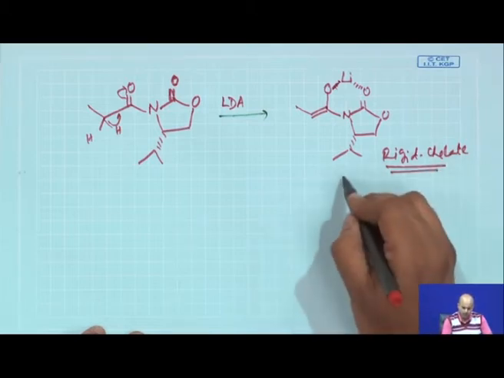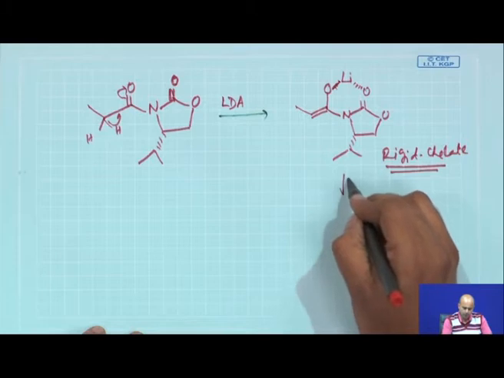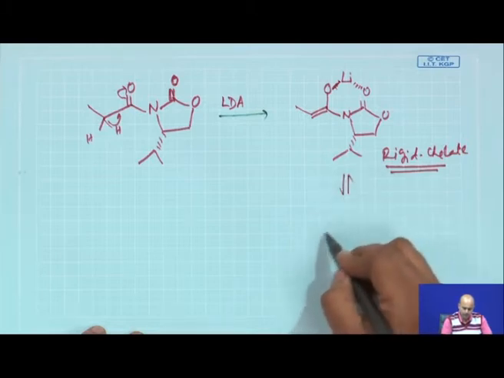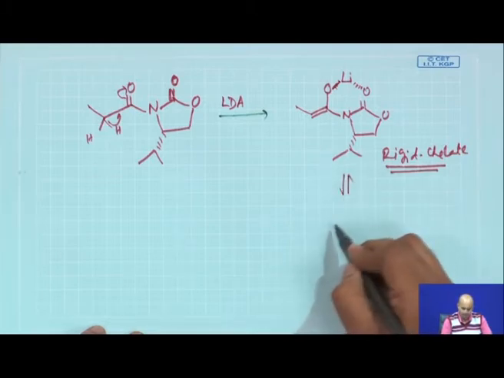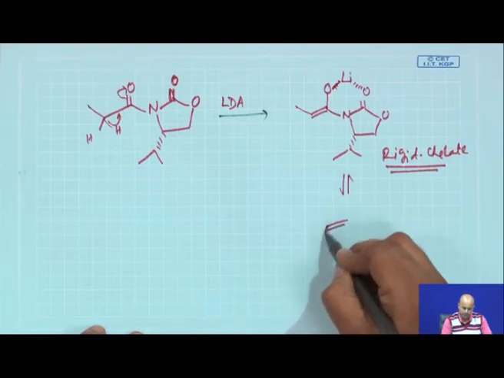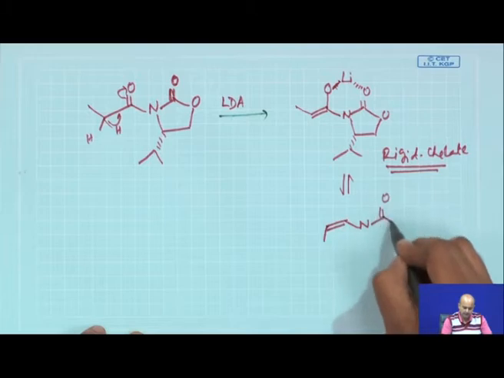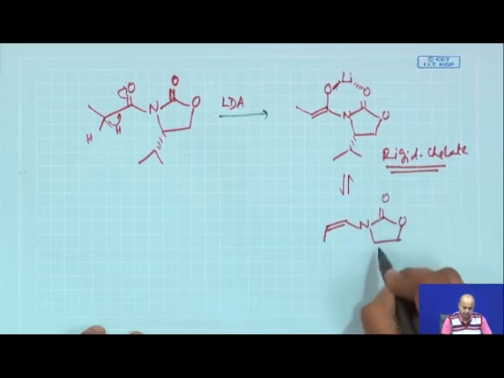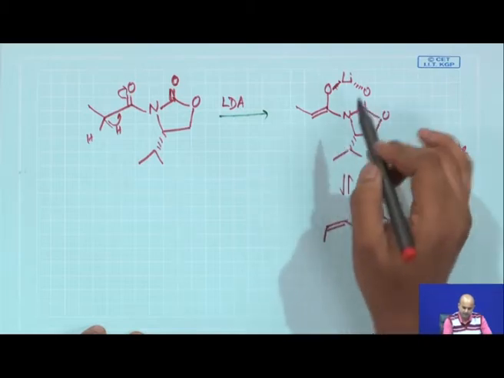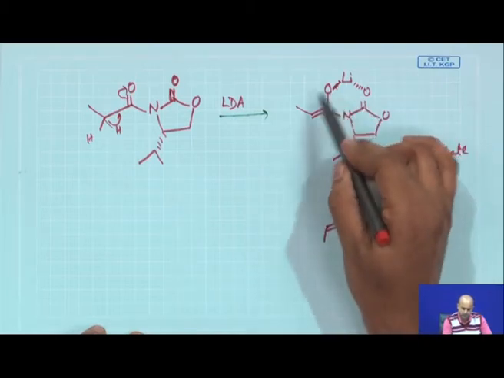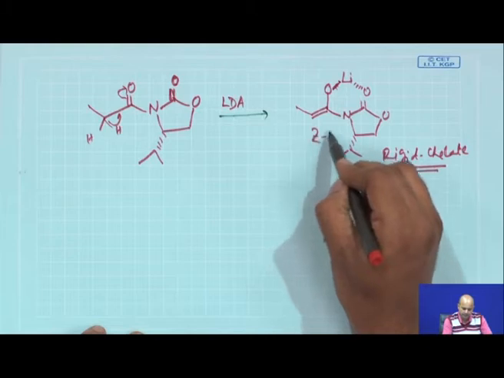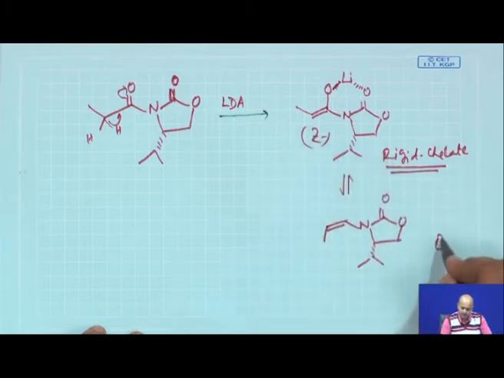Now, you can also think about having a possibility of another enolate, in principle, like this. So, one is basically Z, this is oxygen highest priority, so this is Z enolate and this is E enolate.